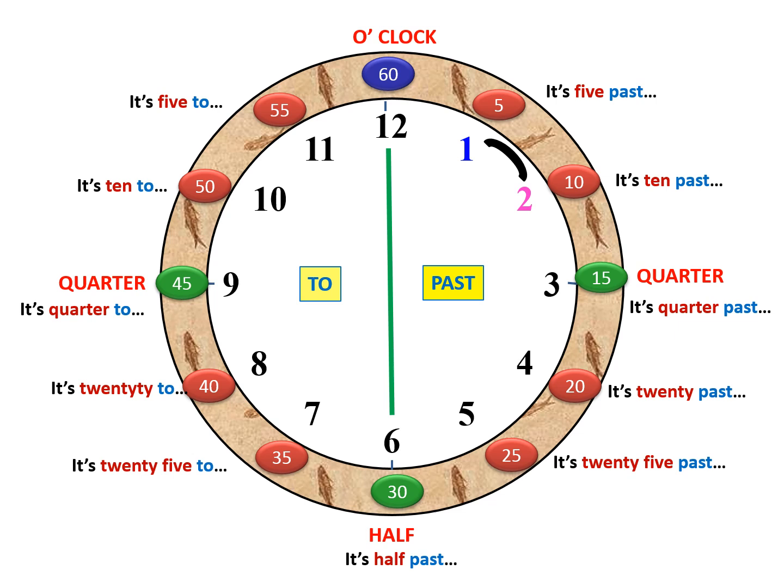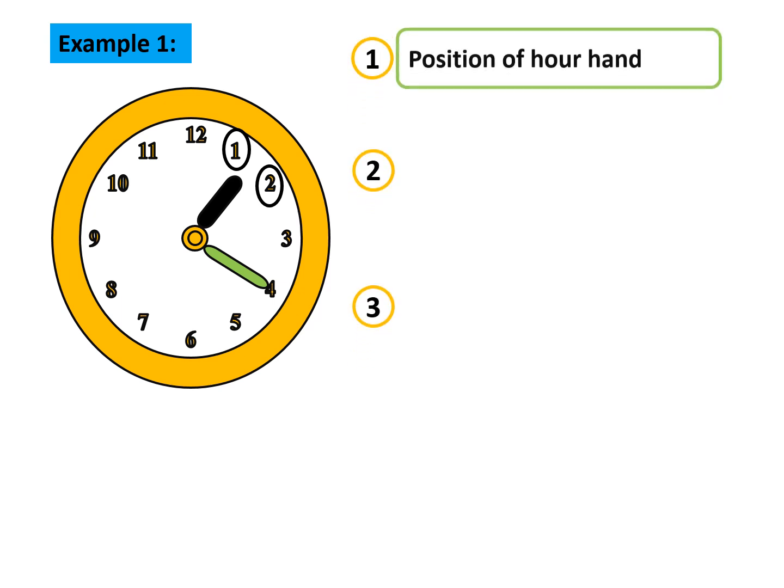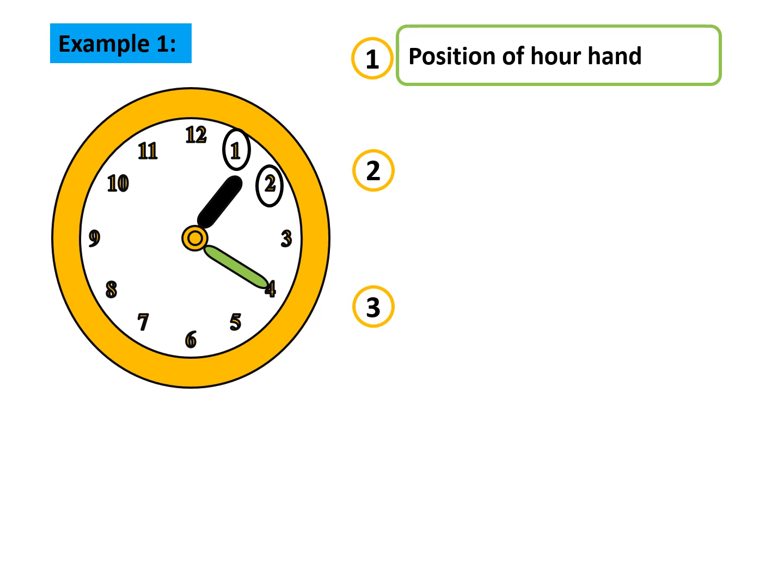Now we will go through some examples to see how exactly to tell the time. In this example, time is shown in the clock and we will identify what time it is. For that, follow these 3 simple steps. Step 1. What is the position of the hour hand?